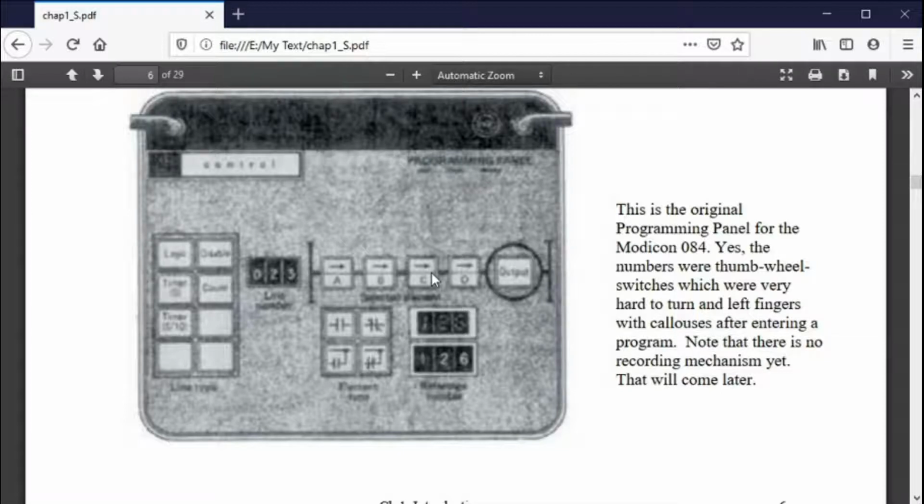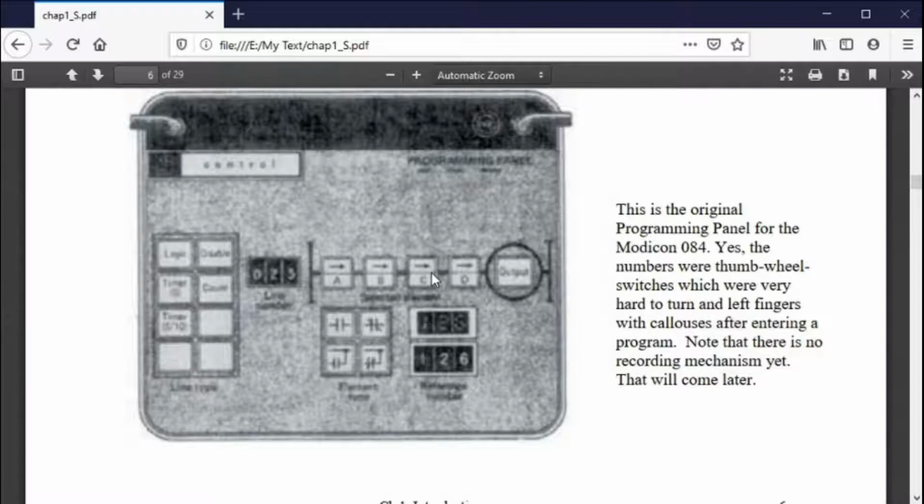The tape, or the way of saving the program, was sort of crude in that they had no tape system to allow you to save your program. So what they did was they had a modem that went back to the factory in Bedford, Massachusetts.